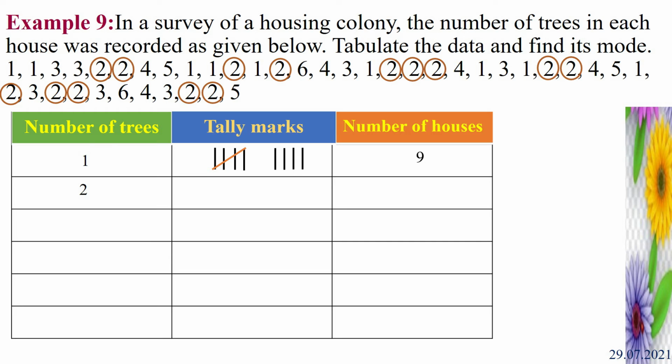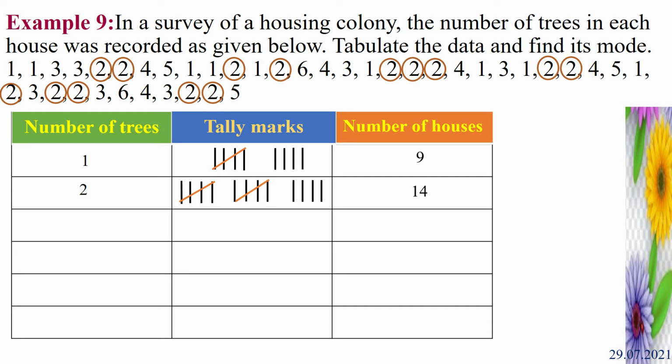Likewise, we arrange the tally marks in the second column. The first 5 is grouped and the next 5 is grouped, so 5 plus 5, 10. Another 4 is arranged here: 1, 2, 3, 4. So total number is 14.